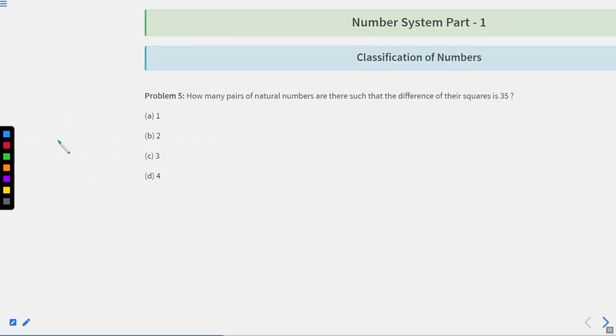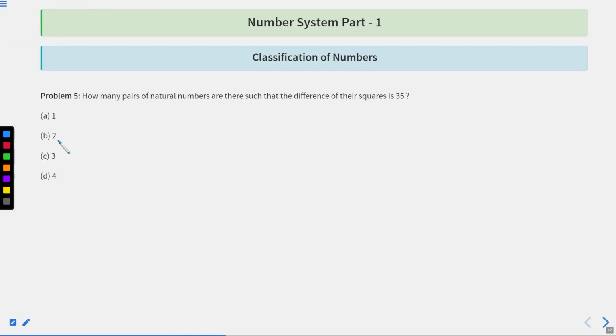Let us move further to problem number 5. In problem number 5, it asks how many pairs of natural numbers are there such that the difference of squares is 35. Let us read this question once again. How many pairs of natural numbers are there? We have to identify how many pairs.